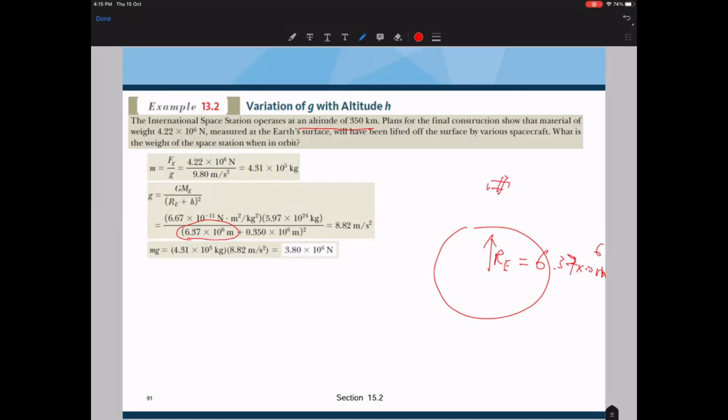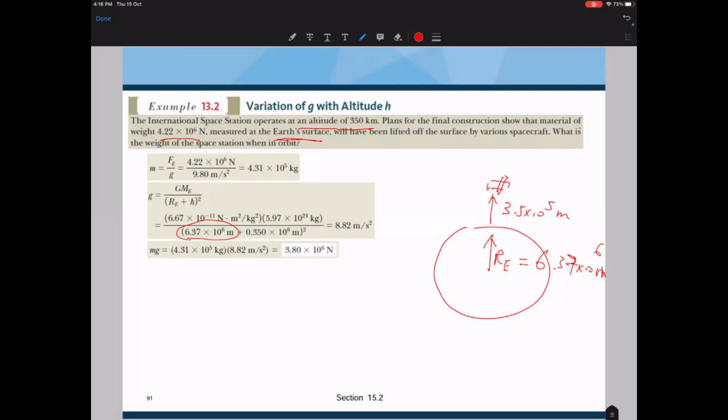Let us assume that it is a space station at an altitude of 350 kilometers, or 3.5 times 10 to the power 5 meters above the Earth's surface. So this is not a small value compared with the radius of the Earth. Plans for the final construction show the material of this weight measured at the Earth's surface would be lifted off.